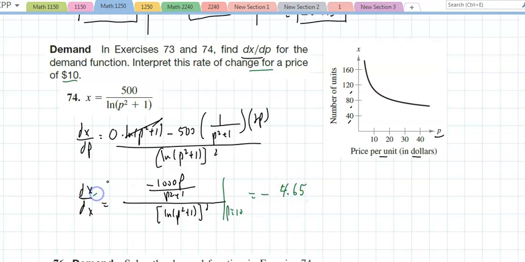The units, I got it backwards, didn't I? That is, x is the number of units per dollar.